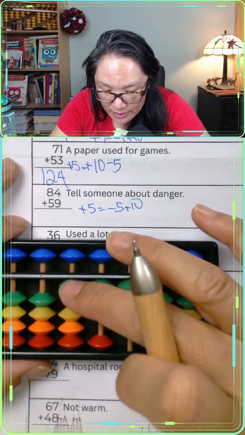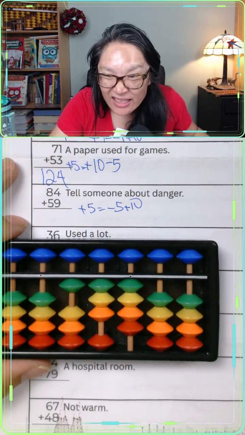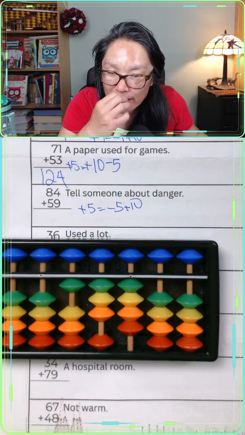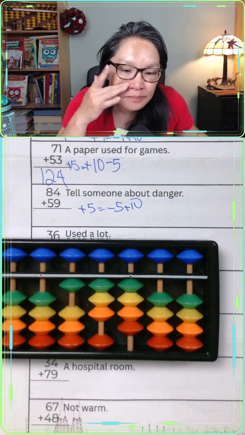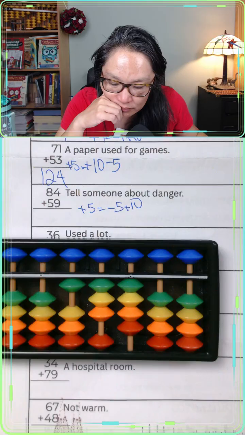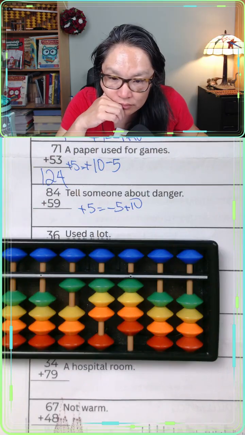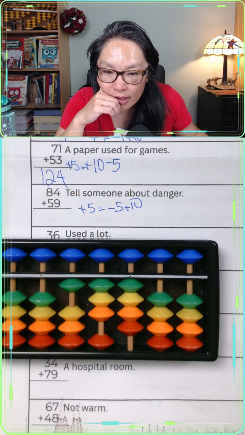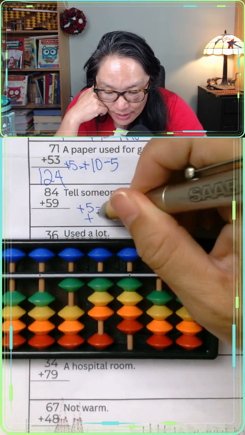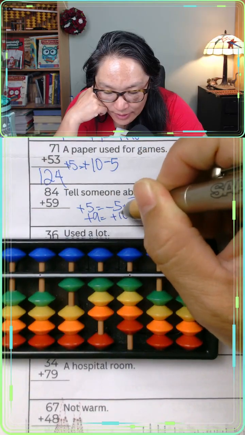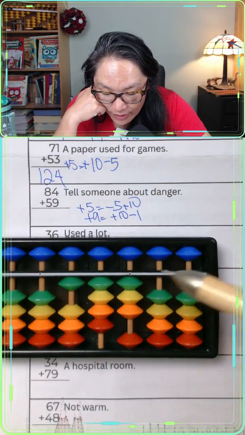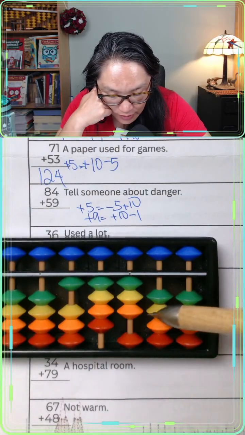And then how do we add the 9? So plus the 9 is equal to plus the 10 minus the 1. So we're going to plus the 10, take away the 1. So the final answer is 143.